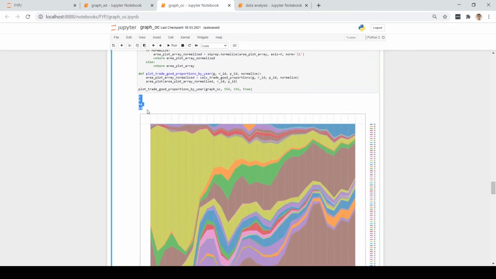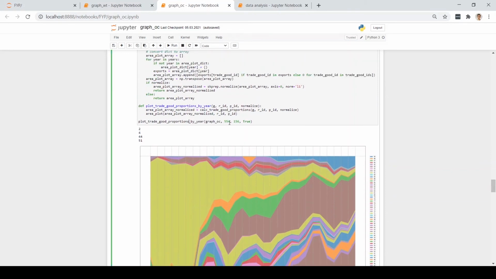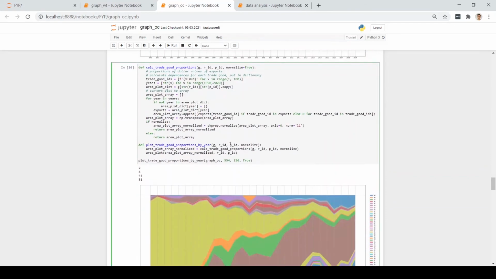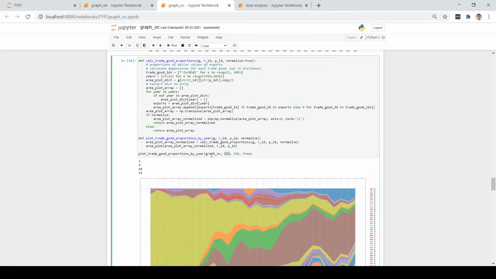The trade good IDs are displayed here. Both of the graphs are customizable. So in this case, we passed in 3 parameters: the graph in question, the exporter, and the importer IDs. The exporter in this case, 554, is New Zealand, and the importer is China, 156.